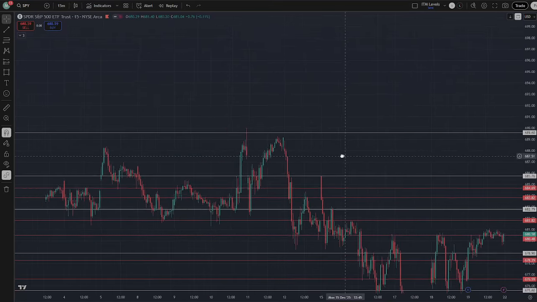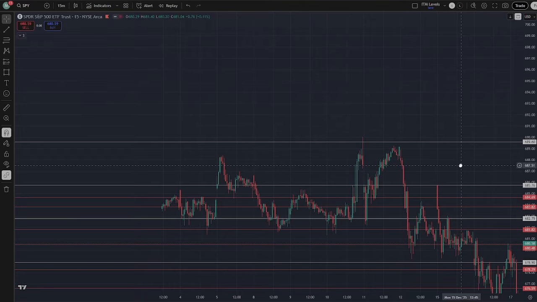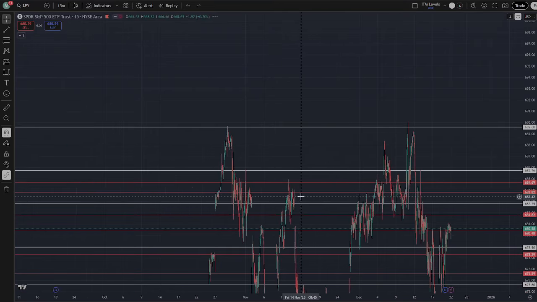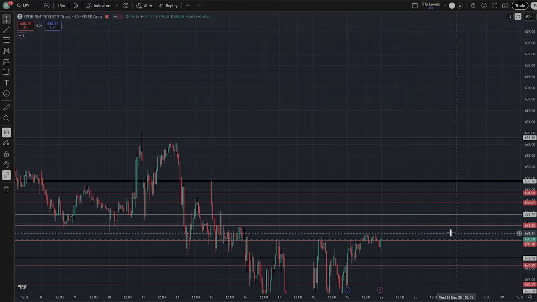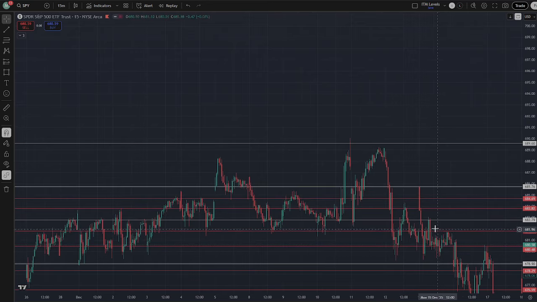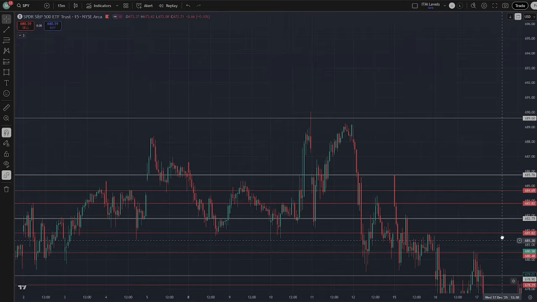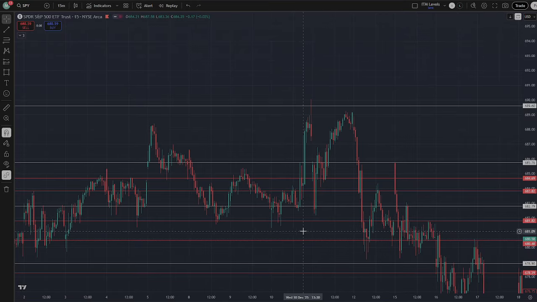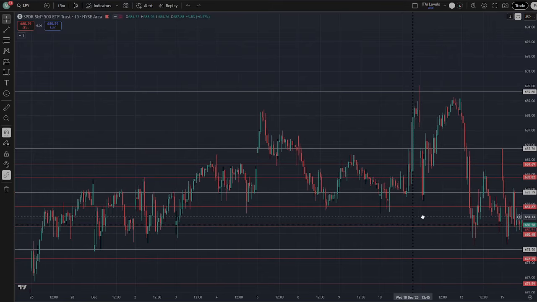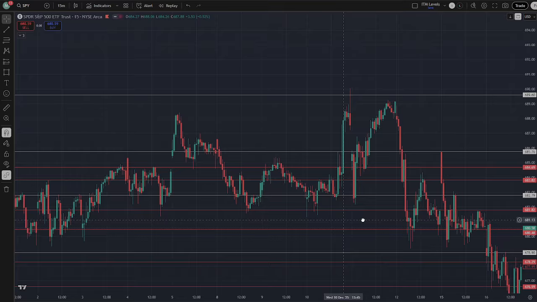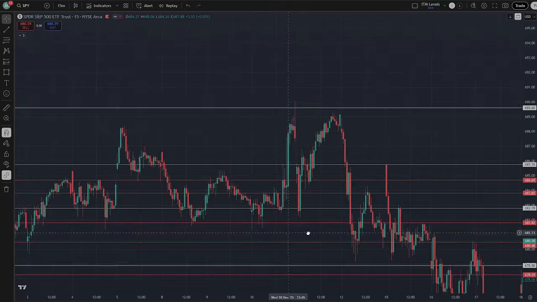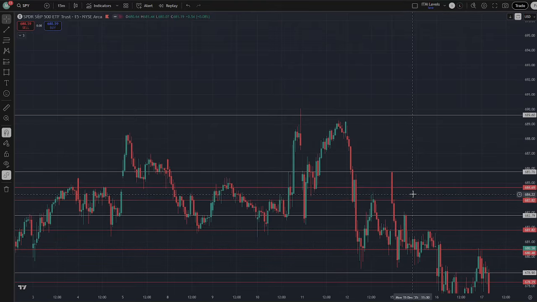This chart looks different than the chart I was just looking at. Now it makes me wonder how long I was looking at that time frame for.